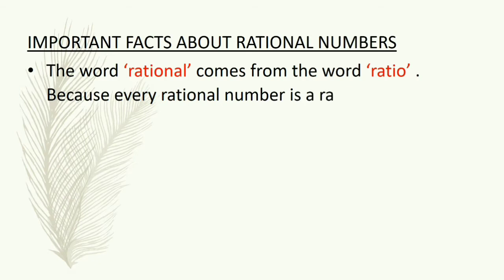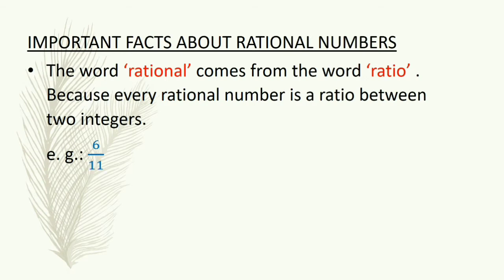For example, 6 by 11 is equal to 6 is to 11. 2 by 9 can be written as 2 is to 9, and so on. Hence, every rational number is a ratio between two integers.